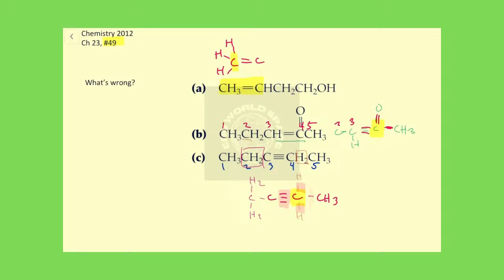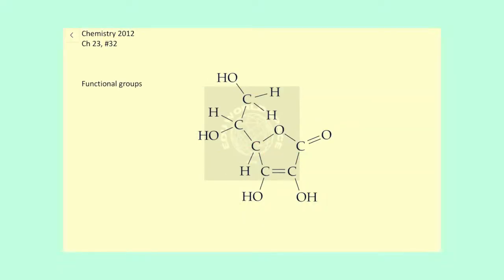All right, so we have the structure of vitamin C here on our screen, and we're asked to figure out all the functional groups that are in this structure. And the way I want to go about doing these kinds of problems is to just go over every single carbon in the molecule and see if they have functional groups connected.